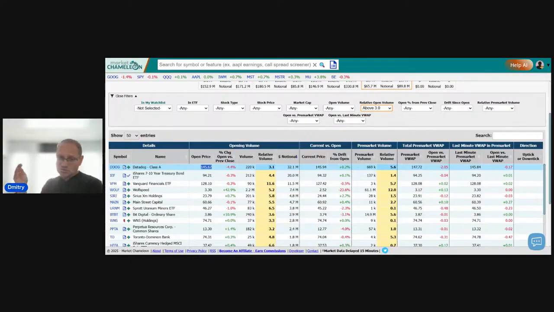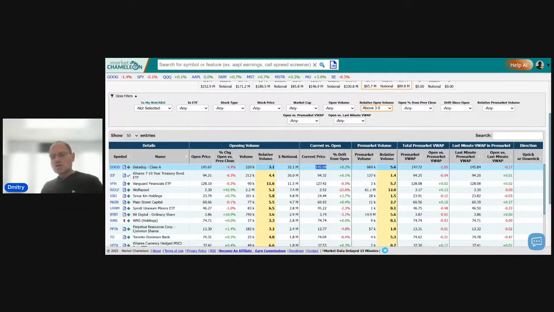So the price even opened lower than the pre-market VWAP, showing more weakness, less liquidity at the open, and maybe settled or traded around that price after the open to the close.